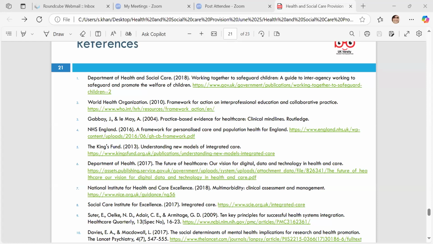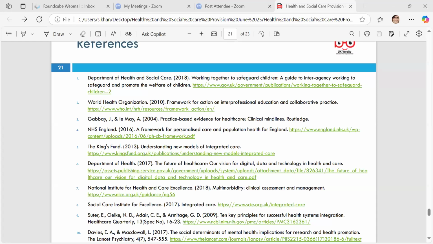We also looked at effective partnerships: the importance of communication, identifying and reducing barriers, understanding boundaries, contracting, roles and responsibilities. And we looked at the different roles and what their job role is, what they need to do: registered nurse, occupational therapist, social worker, and their roles and responsibilities.